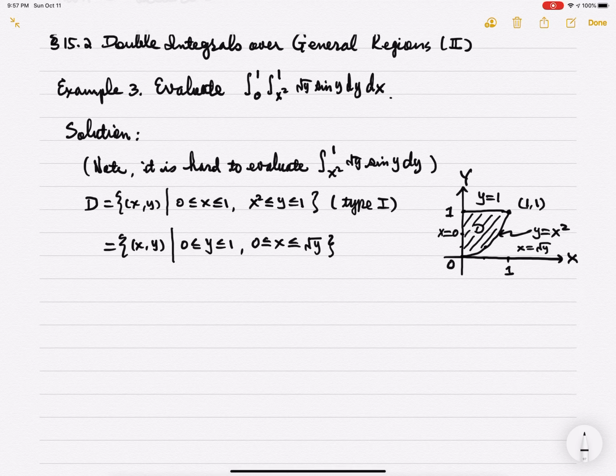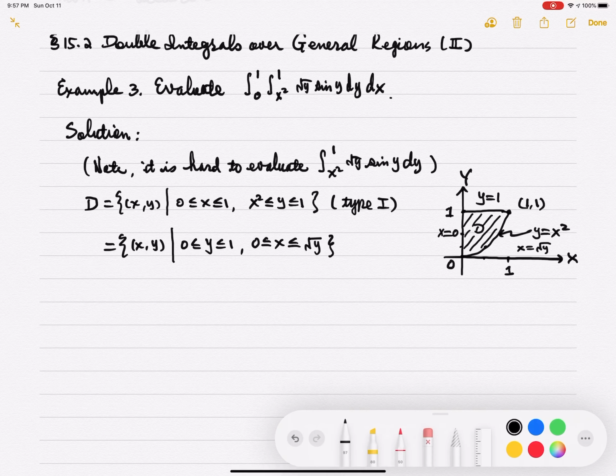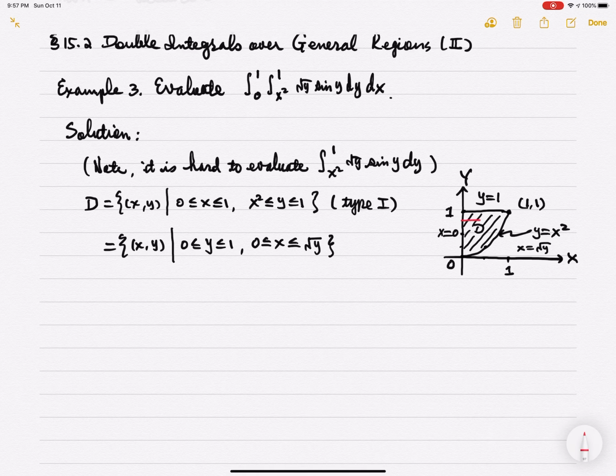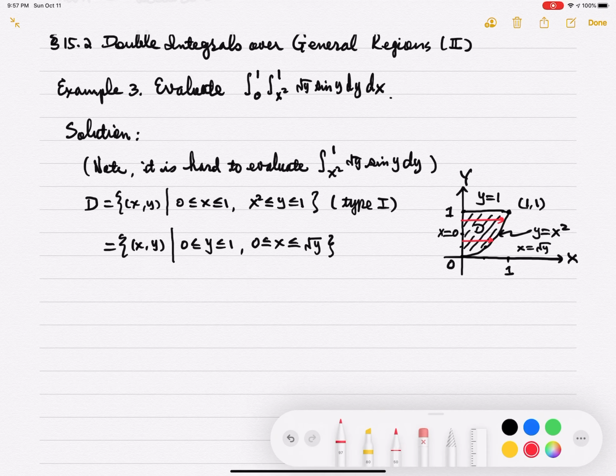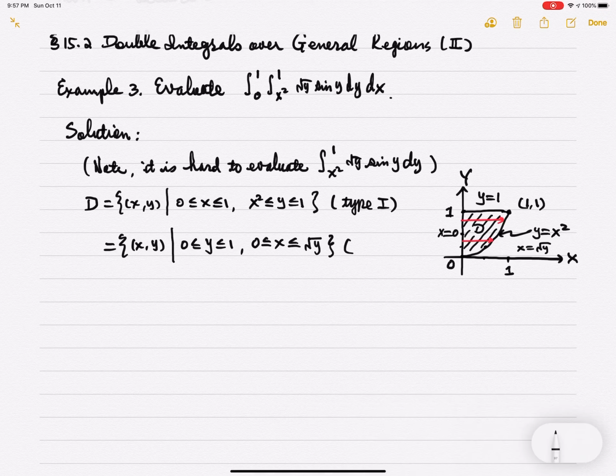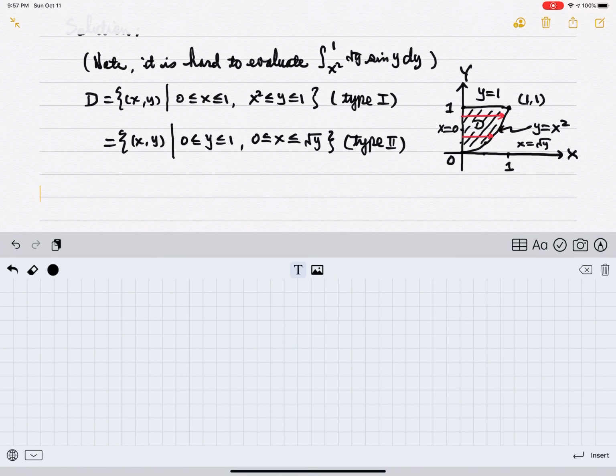Using a different color, here x changes from 0 to root y, and here x changes from 0 to root y. So this is a type 2 region.